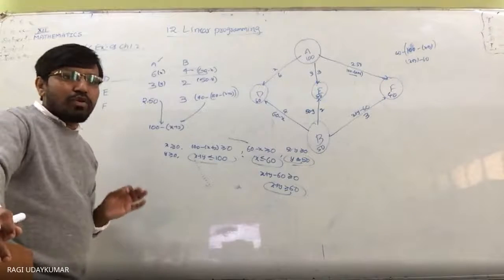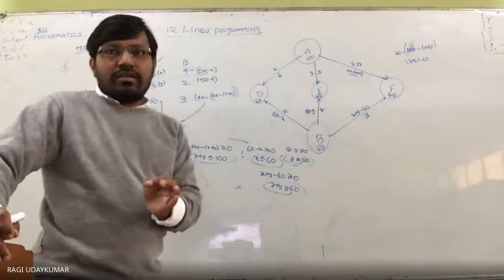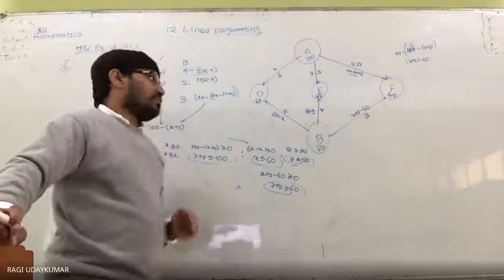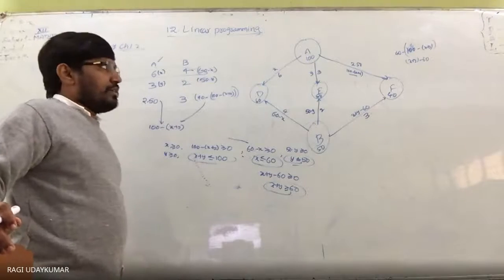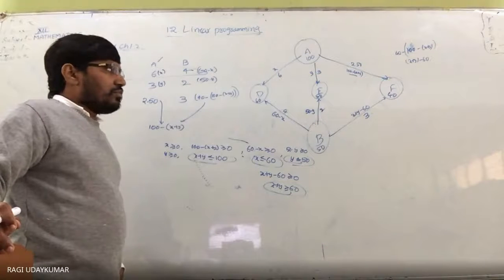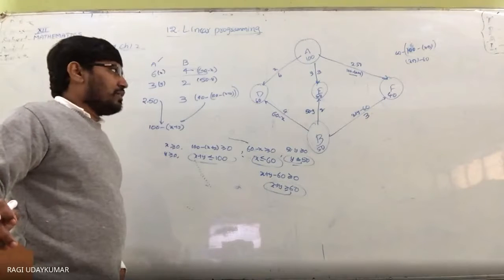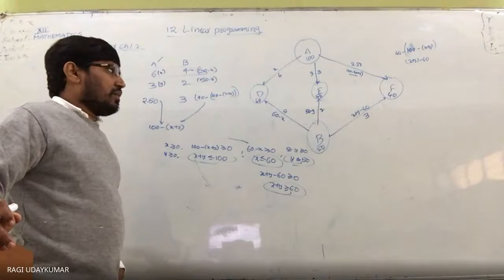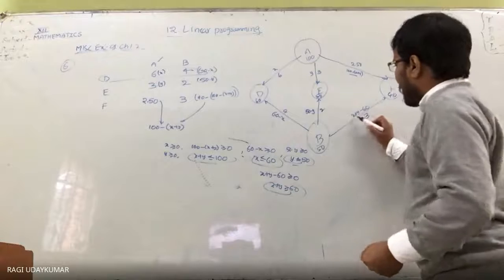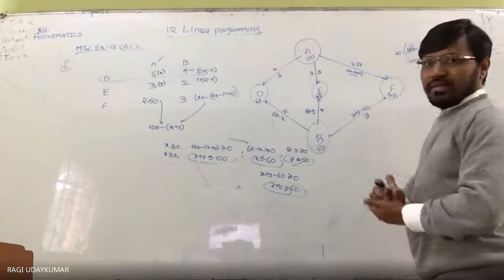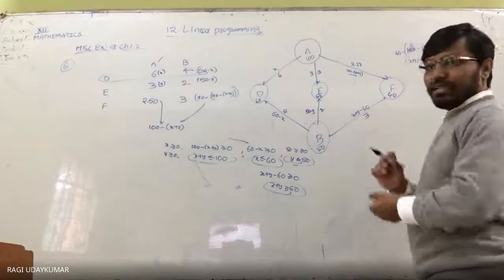Only in this problem, framing the constraints is difficult to do. Otherwise, the remaining is simple. Did you understand here? You can observe one thing here. ये x plus y 60 है ना? This you can get in another way also.